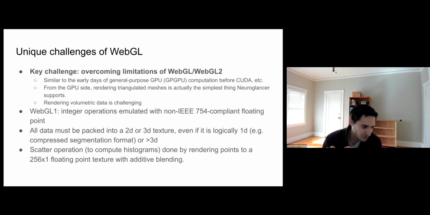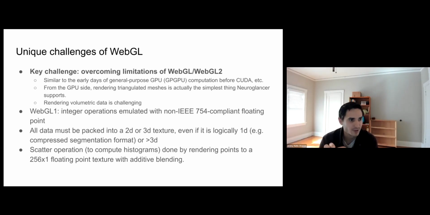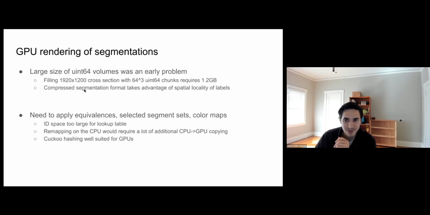Each sample, the value that you want to contribute to the histogram, gets translated into a position that is mapped to a position on the output texture you're writing to, and then you can use additive blending to sum up the samples. So that's just one interesting trick in that regard.